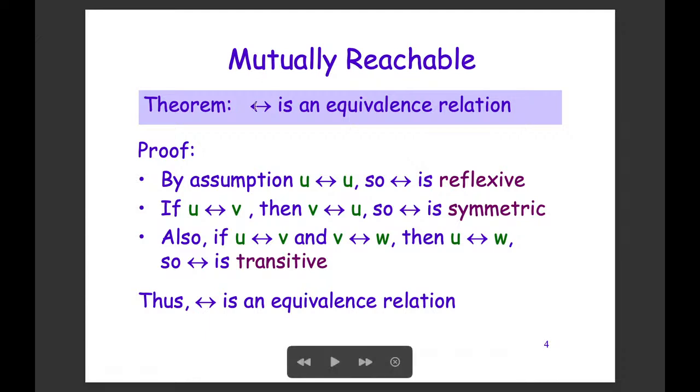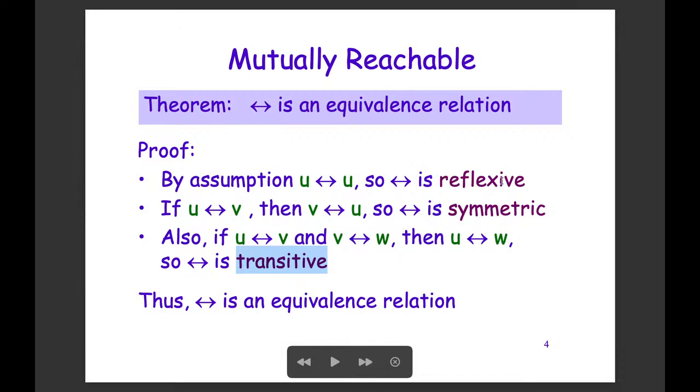We claim that this mutually reachable relation satisfies three properties called reflexive, symmetric, and transitive. These are concepts we have studied in discrete math.